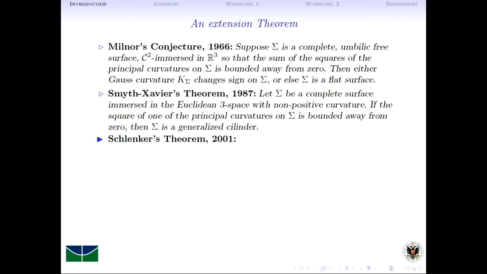Recently, in 2001, Schlenker tried to obtain more results similar to Efimov's theorem, but in non-Euclidean space forms. We know that those non-Euclidean space forms are the hyperbolic space and the three-dimensional sphere.